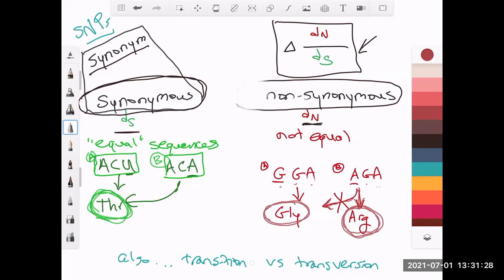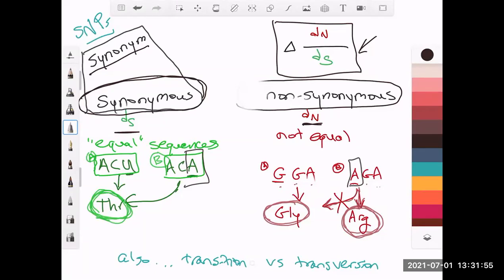Take a step back for a minute and consider which amino acids we changed in these examples. And this was done for a reason. For the synonymous mutation, we changed the third base pair. In the non-synonymous mutation, we changed the first base pair.